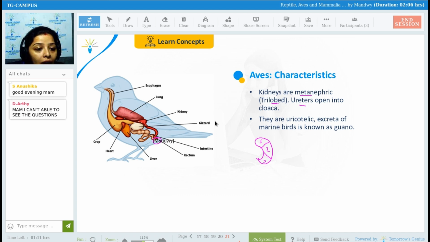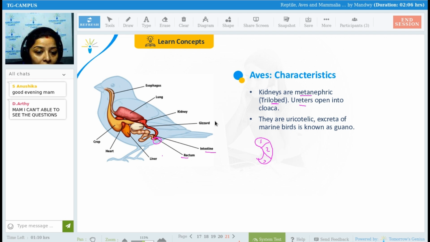They have a single excretory opening, the cloaca. The rectum and intestine are both attached to the cloaca only. Here you can see the rectum, and this is the intestine, right?